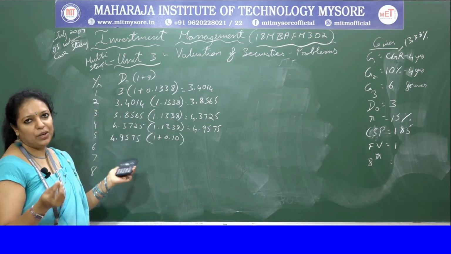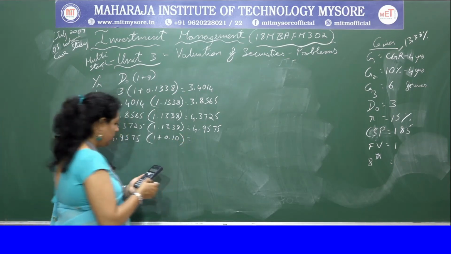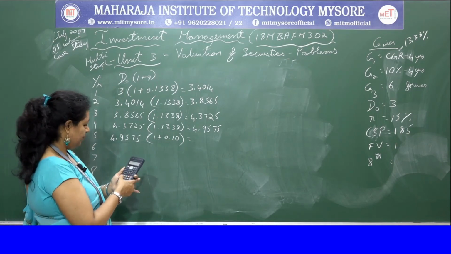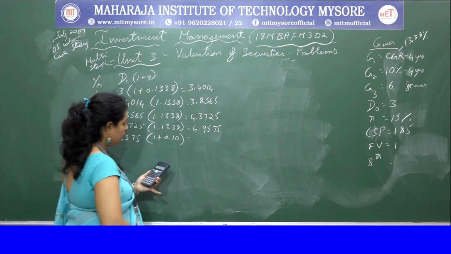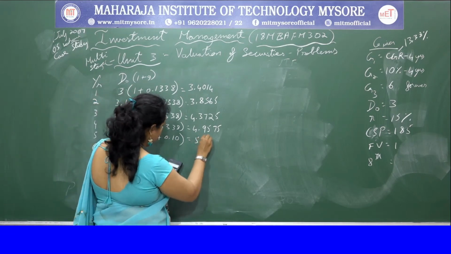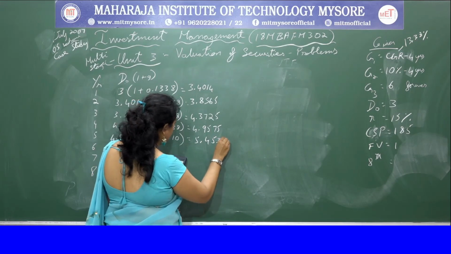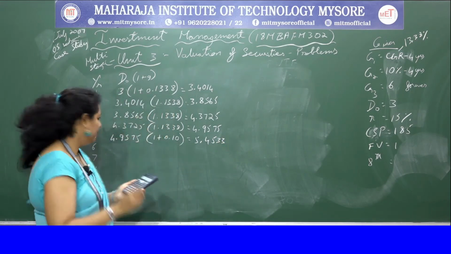From the 5th year, the rate will change. So 4.9575 into 1.1, you get 5.4532.